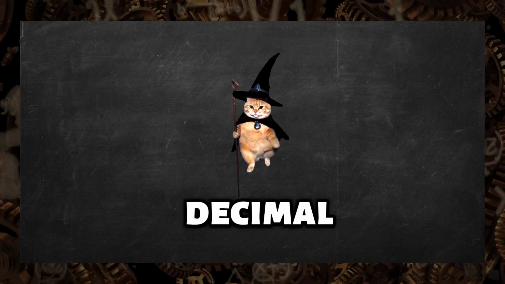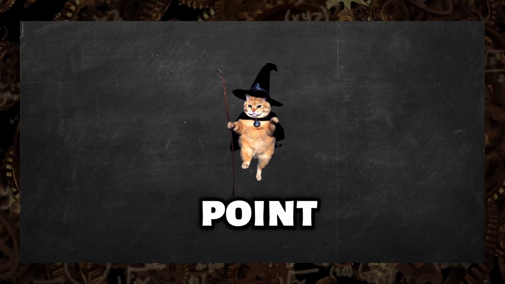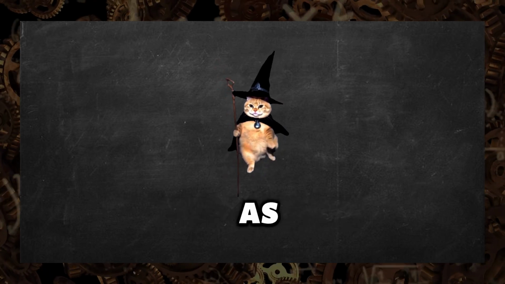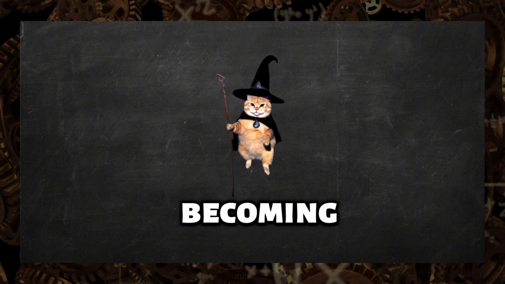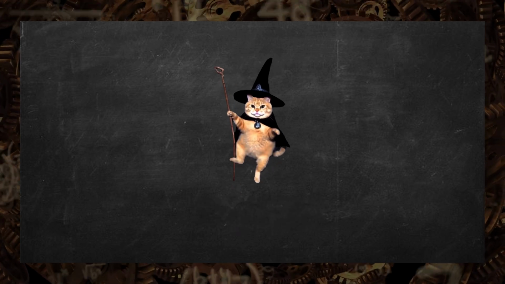Division shifts the decimal in the divisor to make it whole, moving the dividend's point the same places, then dividing normally, as in 1.5 divided by 0.3 becoming 15 divided by 3 equals 5.